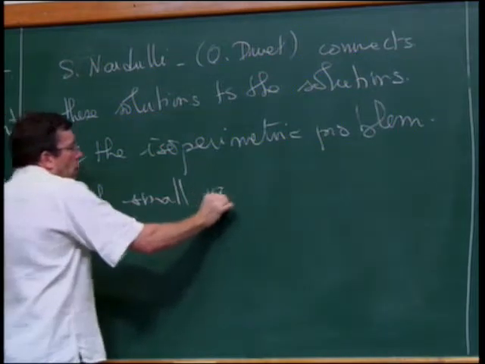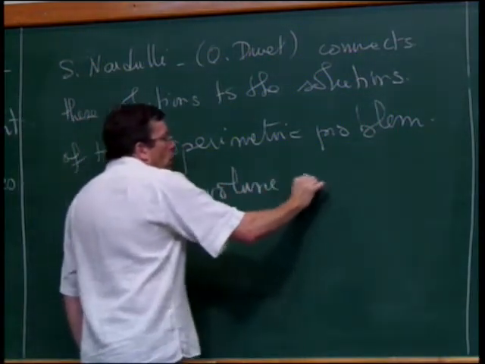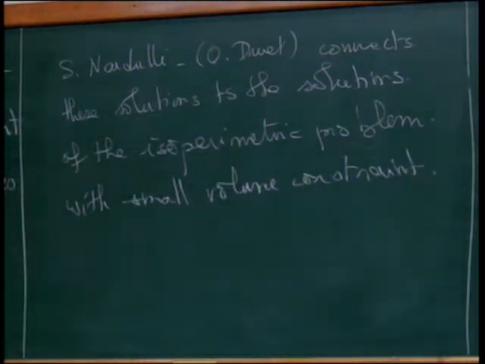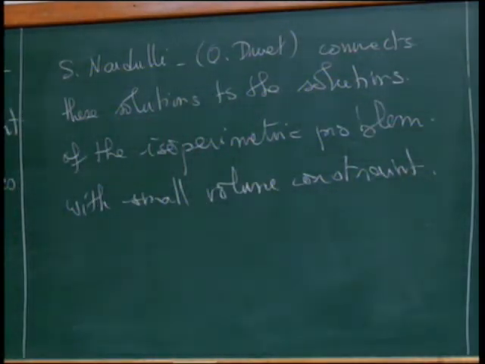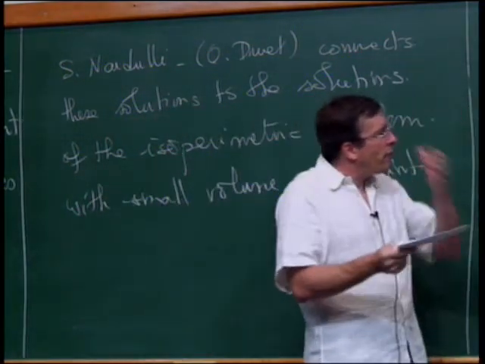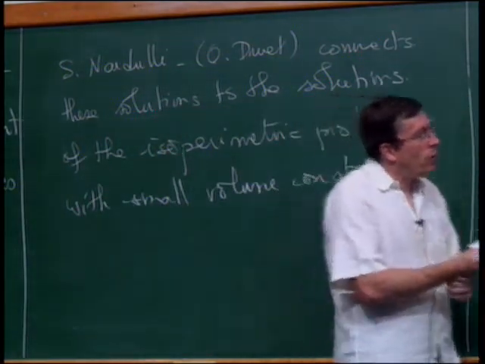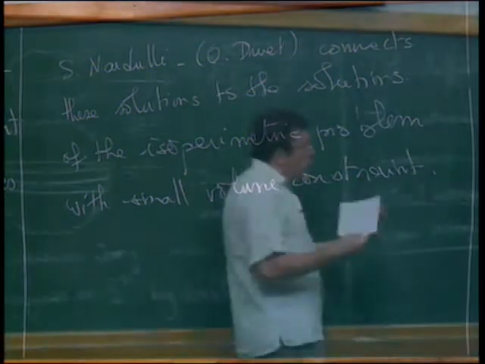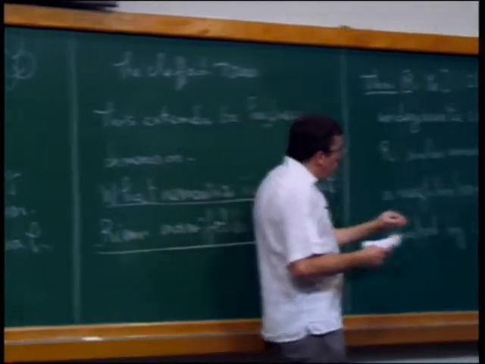It should be clear that if you solve the isoperimetric problem with small volume constraint, then you expect to have a constant mean curvature surface with a very high value of the mean curvature, and you also expect that this surface is close to a round sphere.